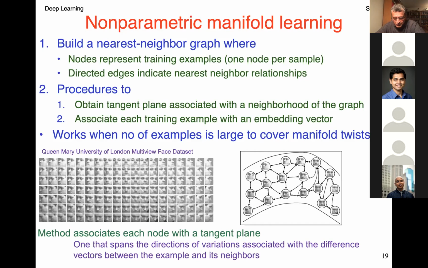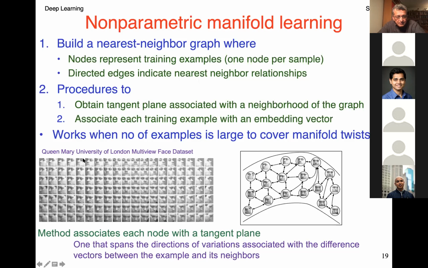And that's what all of deep learning is about today. What are the appropriate representations for the data? So we can build a nearest neighbor graph where nodes represent training examples, one node per sample, and directed edges indicate nearest neighbor relationships.